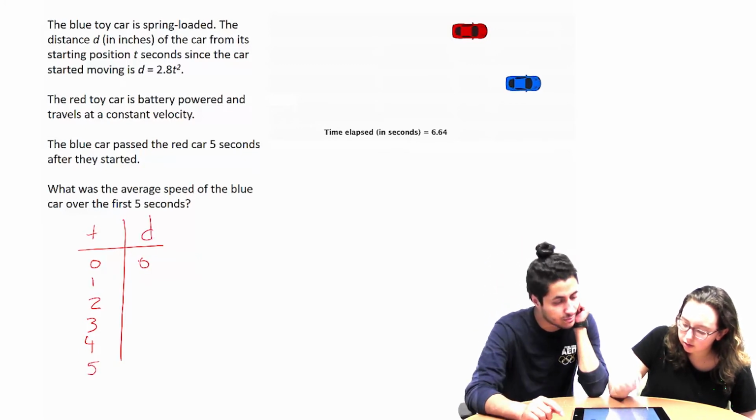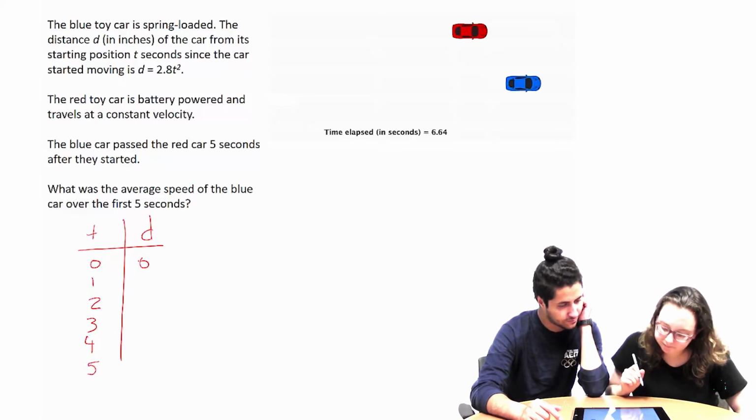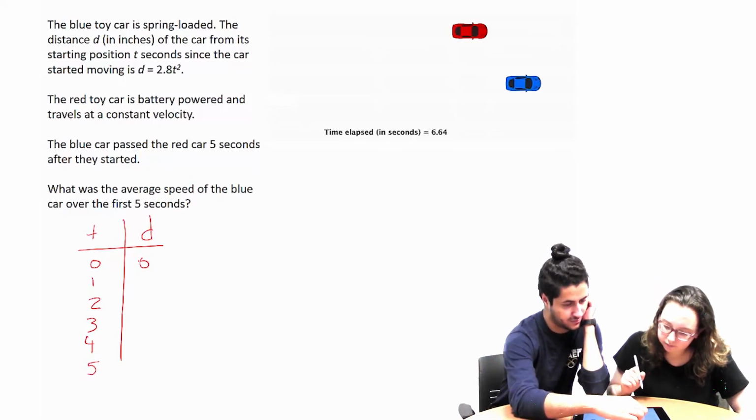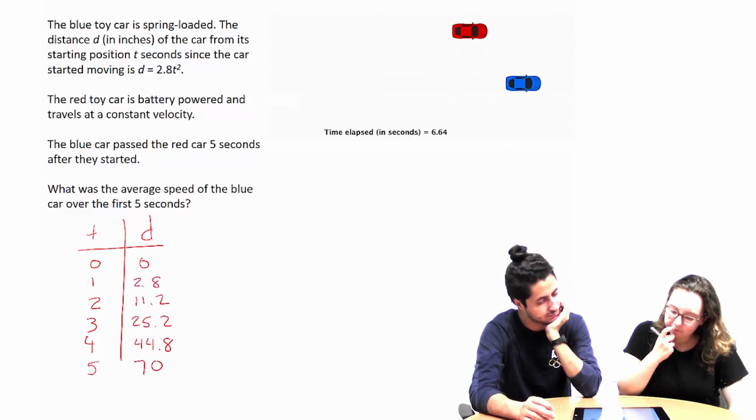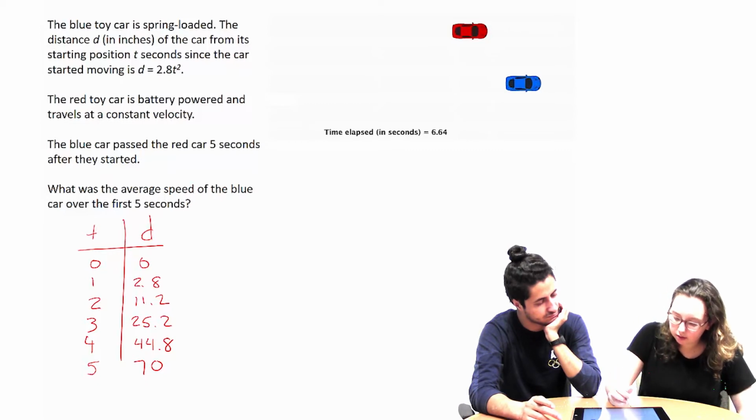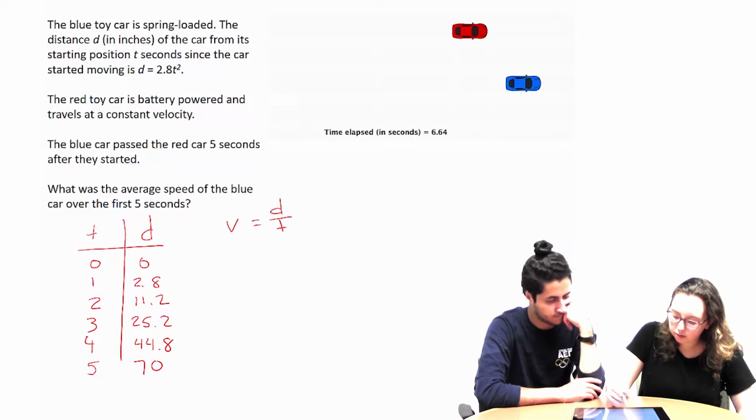And so we know that the blue car travels, we can follow this formula here, distance equals 2.8 t squared. Okay, so then we need velocity. So what is velocity? Distance over time.